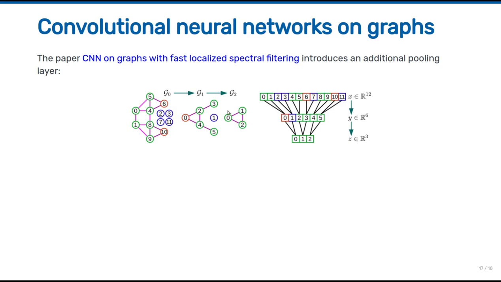And you repeat this procedure for the step between G0 and G1. So you see that node 0 has been obtained as the merging of 0 and 1. This fake node is obtained by the merging of two fake nodes. The node 2 in G1 here has been obtained as the merging of 4 and 5.